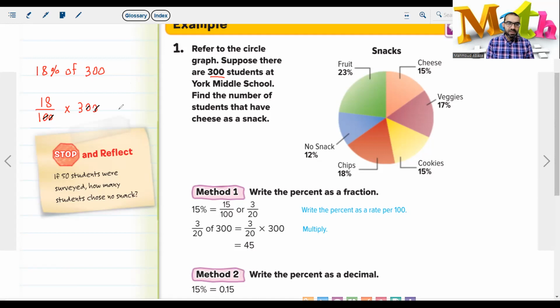So this is like 3 multiplied by 18 over 1. 3 times 18 is 54. Over 1 stays 54. So 54 students prefer chips as a snack.